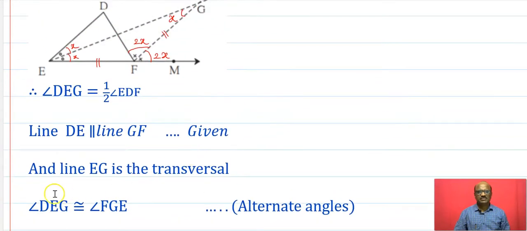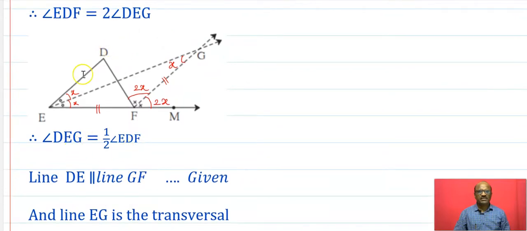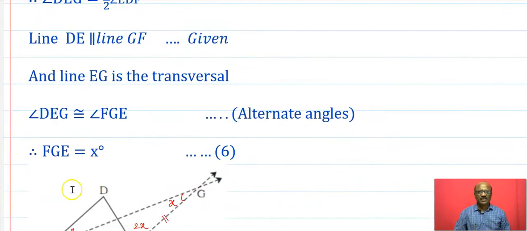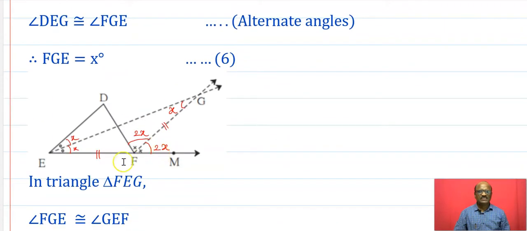Now see this again here. Line DE is parallel to GF, and EG is their transversal. Therefore, this is the measure of angle x, and this is also the measure of angle x. Therefore, the measure of angle DEG is equal to the measure of angle FGE. That is the alternate angle, and therefore the measure of angle FGE is equal to x degrees.